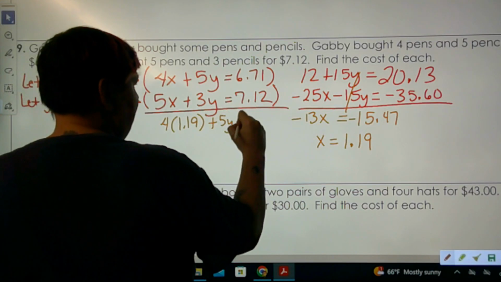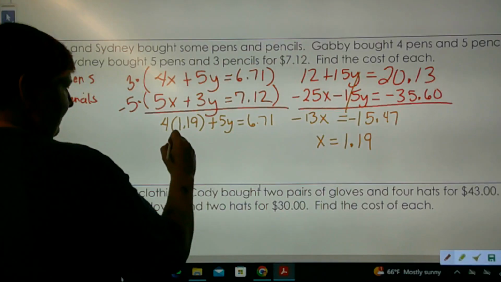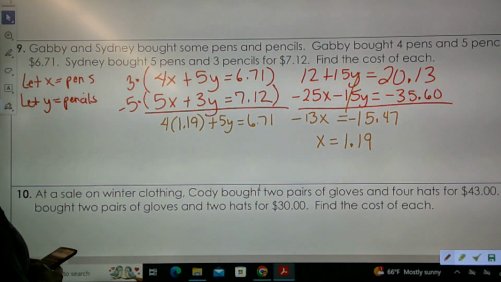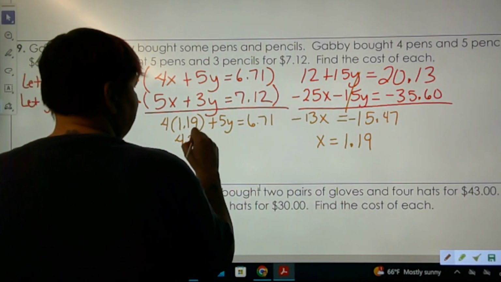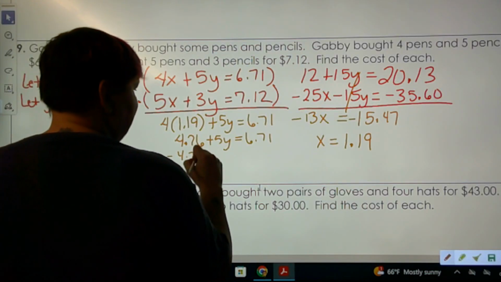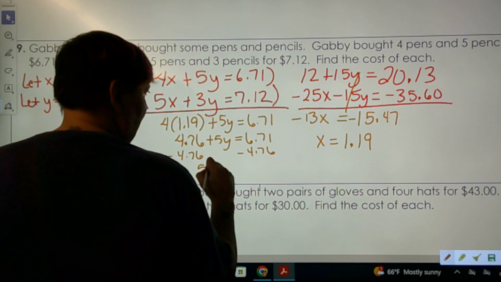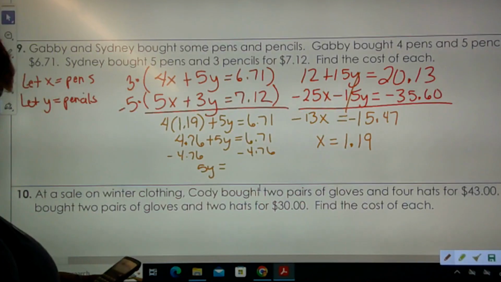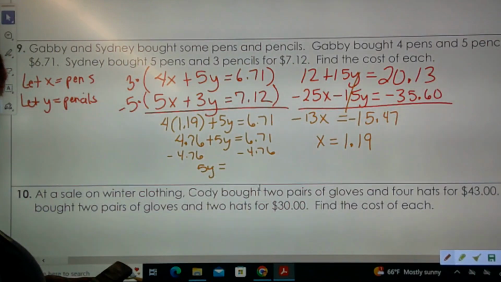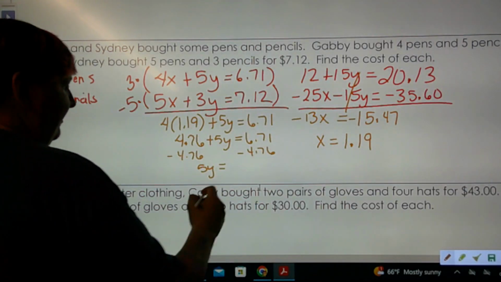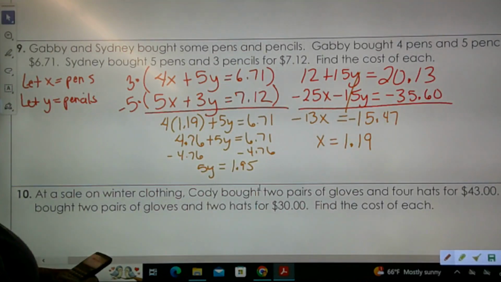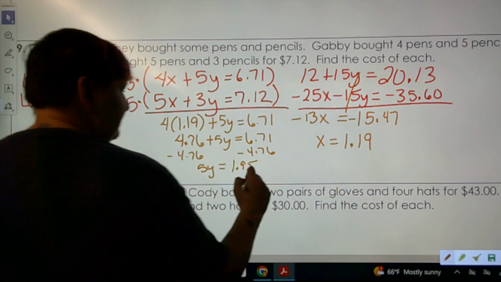1.19 plus 5y equals 6.71. Let's see, 4 times 1.19, 4.76. 4.76 plus 5y equals 6.71 minus 4.76, 5y, let's see, 6.71 minus 4.76, $1.95, $1.95 divided by 5, 39 cents.